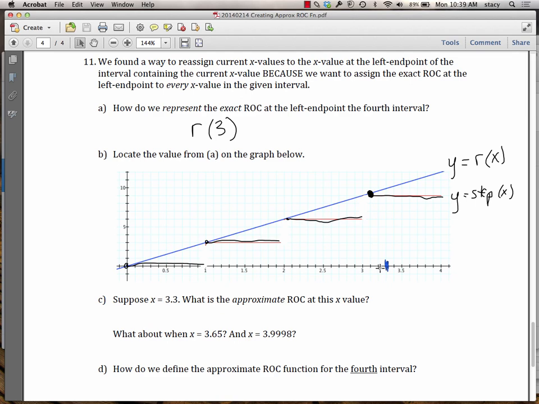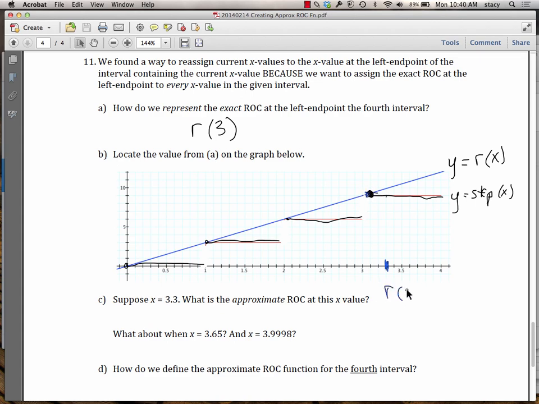Jan? Are you here? R of 3. How'd you figure that out? Right. So every x value in this interval takes on the same rate value that's at the left end of the interval, right?